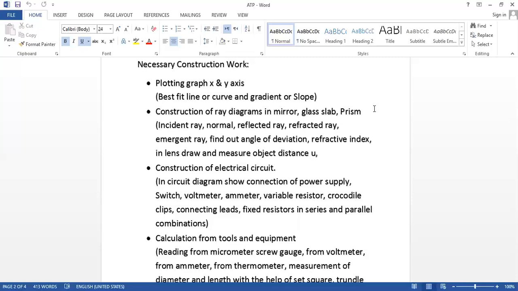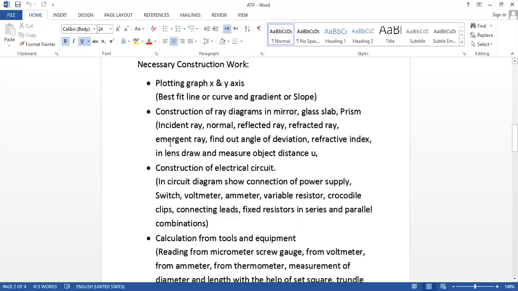So in refraction with a glass slab, you will draw a ray diagram in which you will draw the normal, refracted ray, and emergent ray. In a glass slab, you will draw these three lines: normal, refracted ray, and emergent ray.